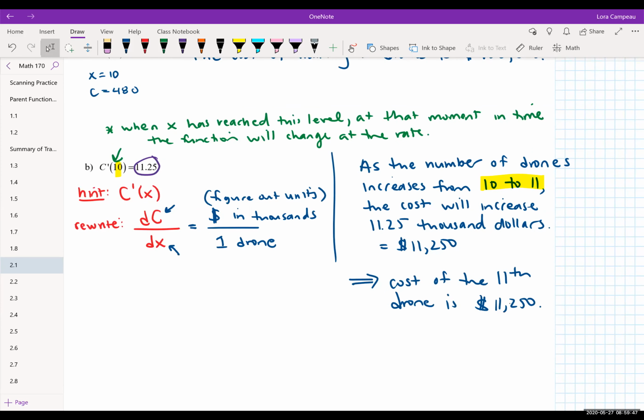And if you want to think about this alternatively, I could probably say, when 10 drones have been made, the cost of production is increasing at a rate of $11,250 per drone. That might be a little bit more useful. So maybe we can look at this alternative statement.